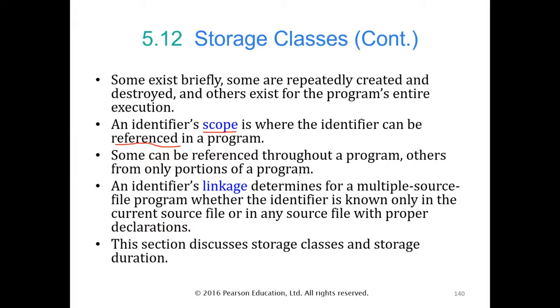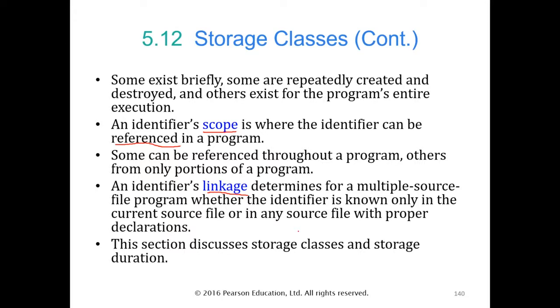There are other types of scope, which generally mean that those identifiers can only be accessed in certain parts, right? And then an identifier's linkage basically determines, if you have multiple source files, whether the identifier is going to be accessible in that source file or in other source files as well.